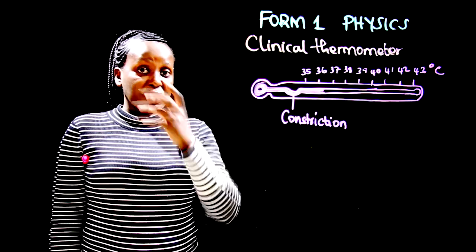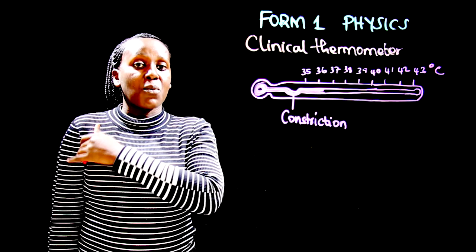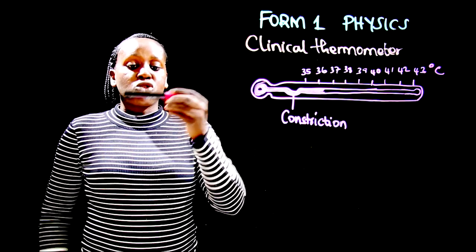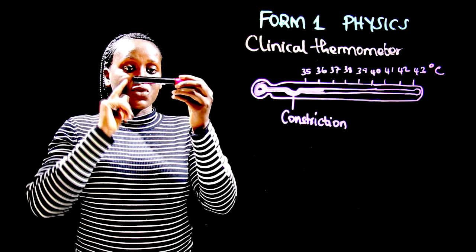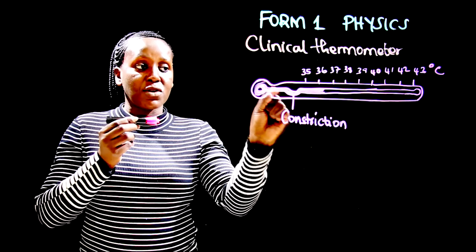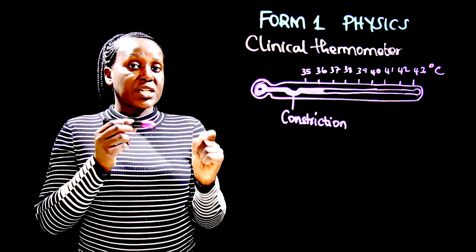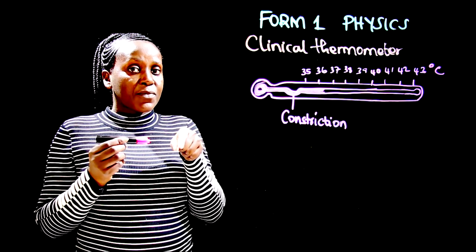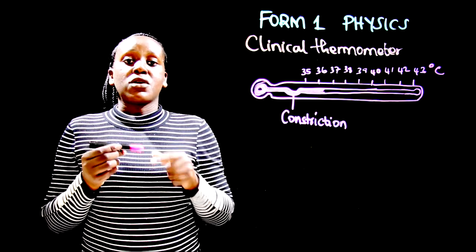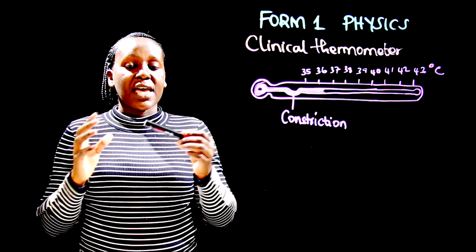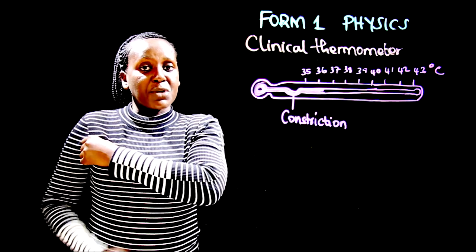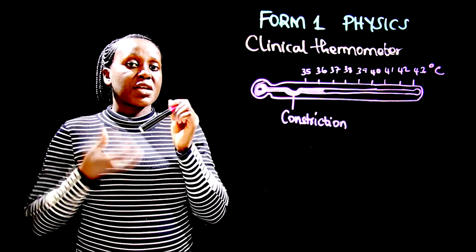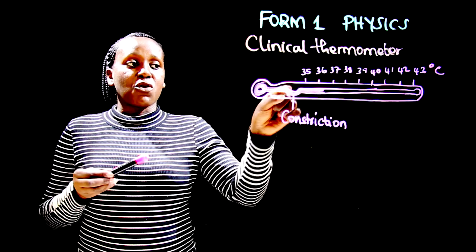So the air around us has a different temperature to the one under your armpits. So if the thermometer is taken out, to allow time for the doctor to take the reading, there is need for a constriction. Because without the constriction, the mercury will begin to flow back. Okay? It will begin to flow back to the bulb because the temperature in the air is less than the temperature in your body. So to prevent the backflow of mercury into the bulb, there is a constriction.